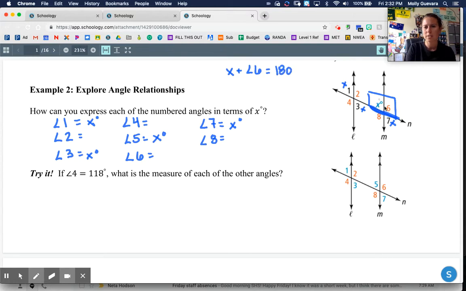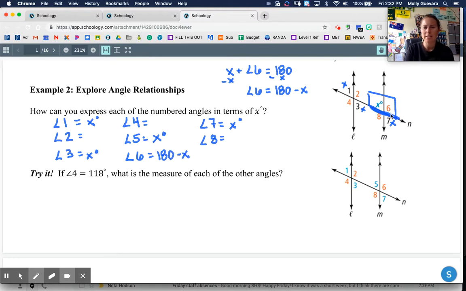Whatever this angle is plus this angle equals 180. And I want to solve for angle 6. So I'm going to subtract my x, and I get angle 6 is equal to 180 minus x. So that's what angle 6 is, 180 minus x.